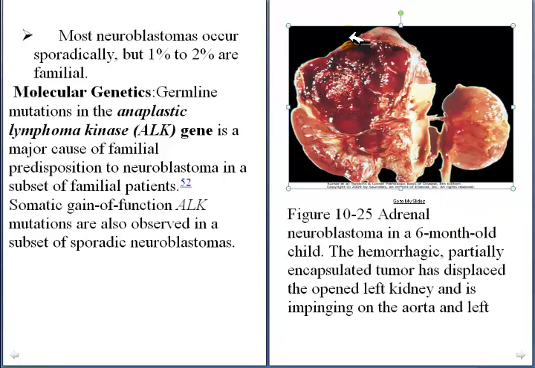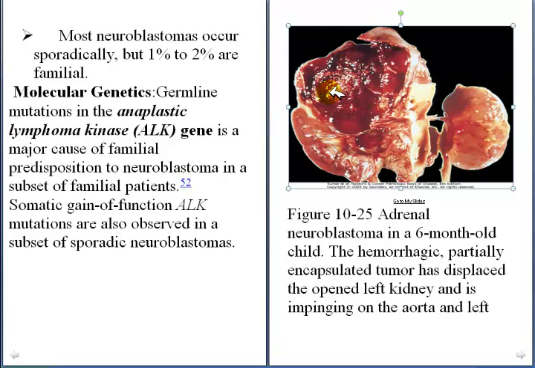Anyway, now what does molecular genetics tell us about neuroblastoma? It tells us that there are germline mutations in the gene called ALK, the anaplastic lymphoma kinase gene, and this is a major cause of familial predisposition to neuroblastoma in a subset of familial patients.